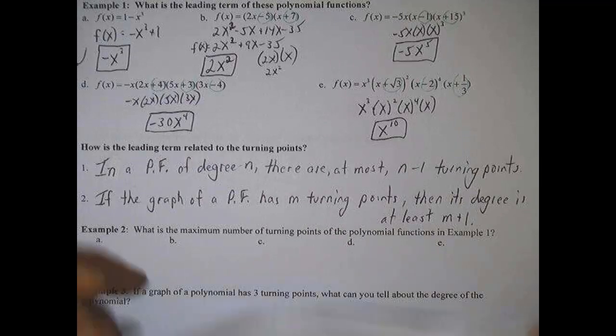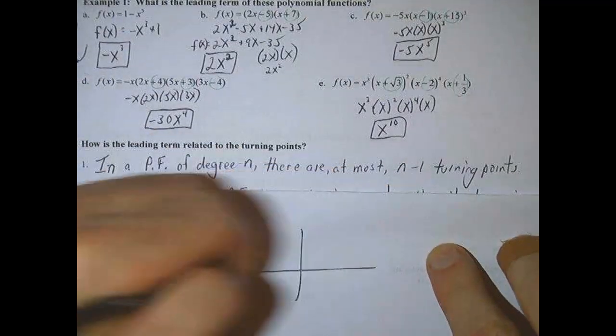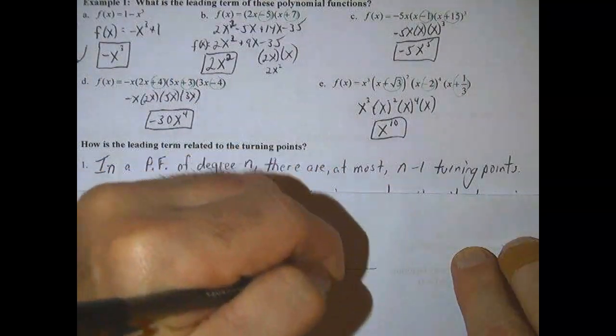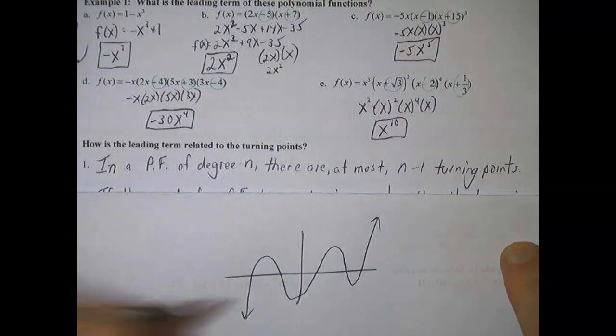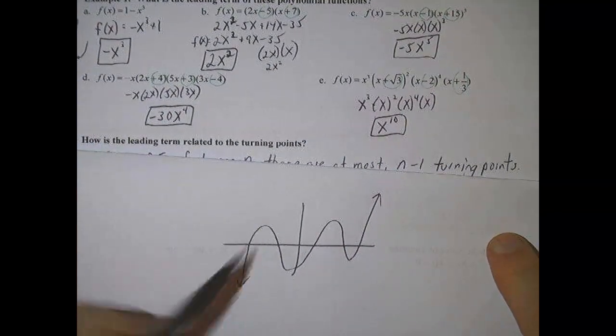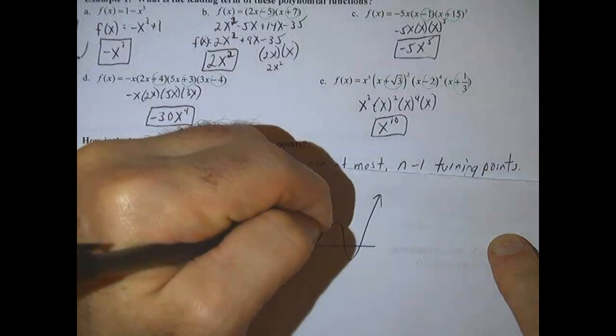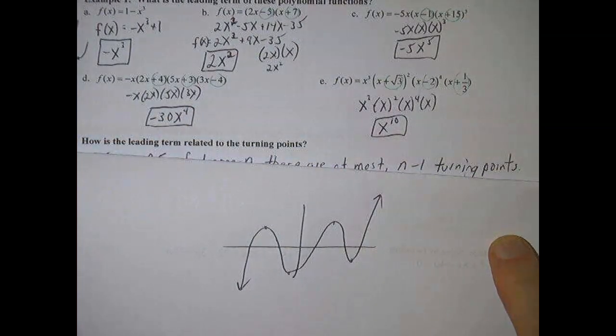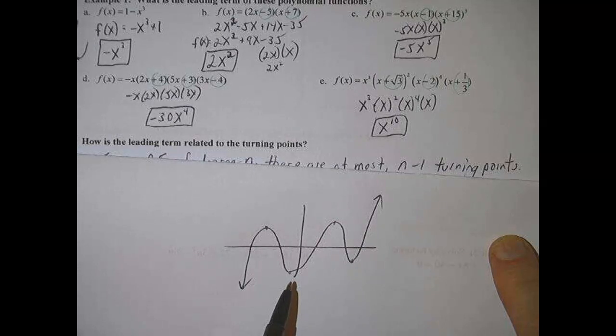So in other words, let's say I'm looking at a polynomial function that looks like this. Okay, there's a polynomial function. There's 1, 2, 3, 4 local maxes and mins. Those are 4 turning points. I know that this is at least a 5th degree polynomial function.